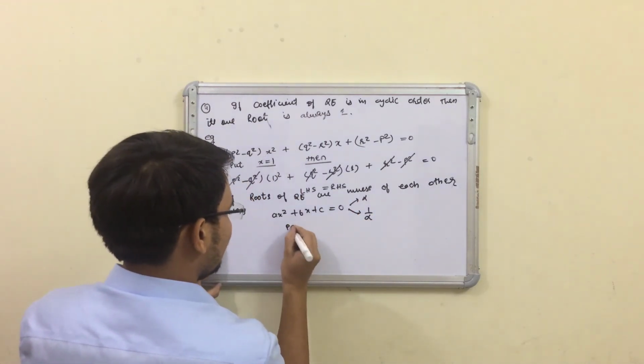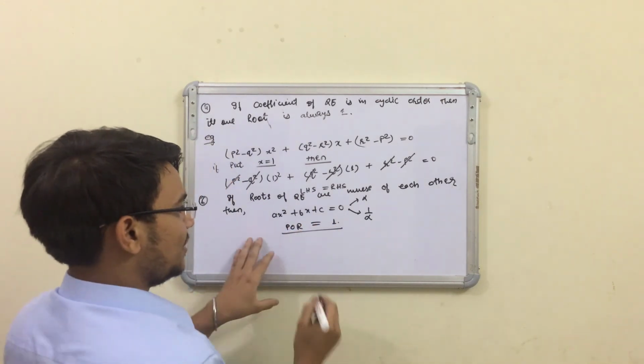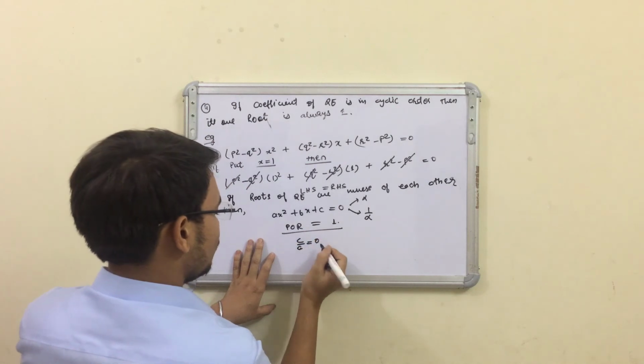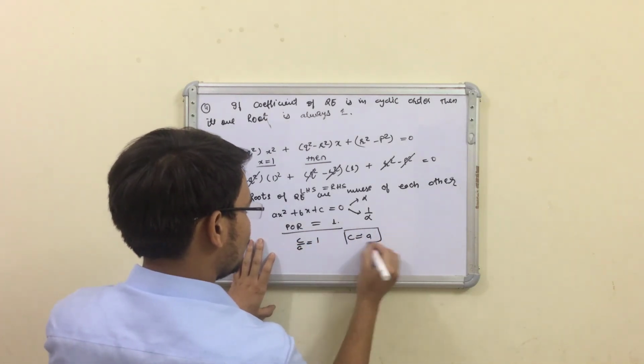So the product of the roots is 1. It means that c by a is equal to 1, so c is equal to a. This implies c is equal to a directly.